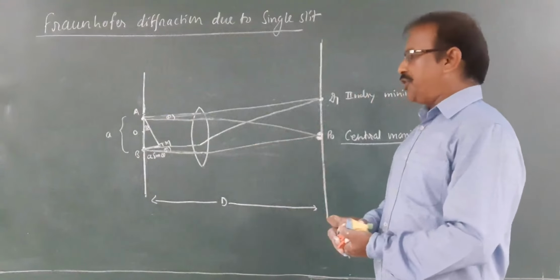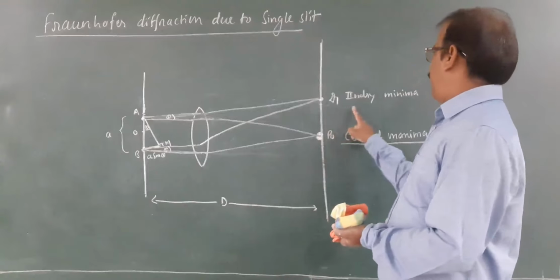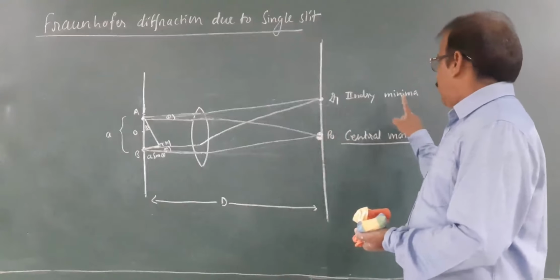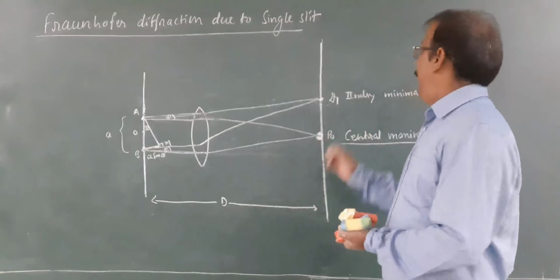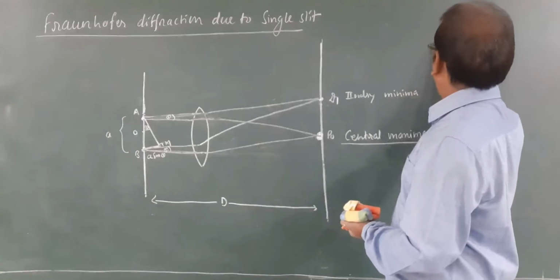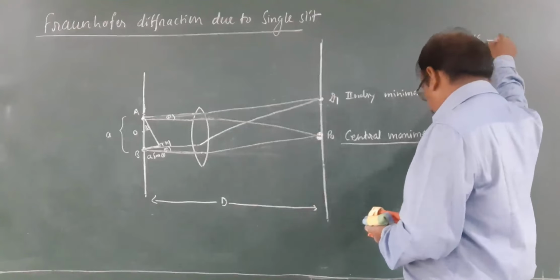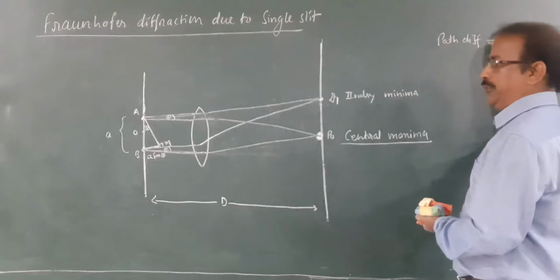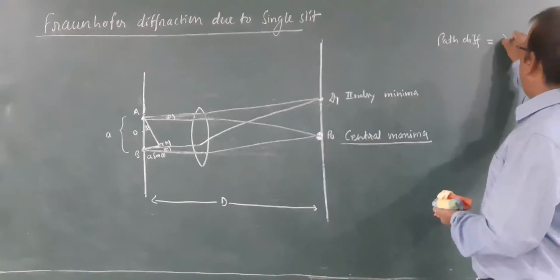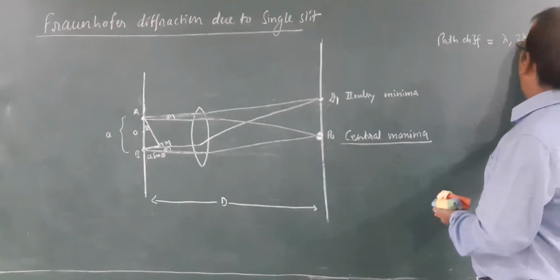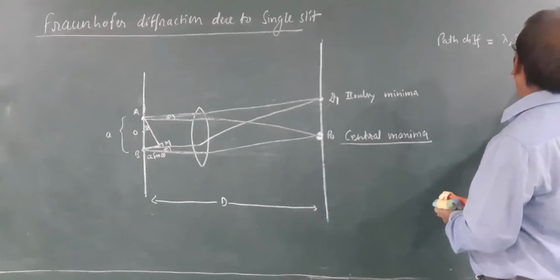In the diffraction pattern, to get secondary minima, the condition is that the path difference between the waves that reach at that point must be equal to lambda, 2 lambda, 3 lambda, or in general n lambda.